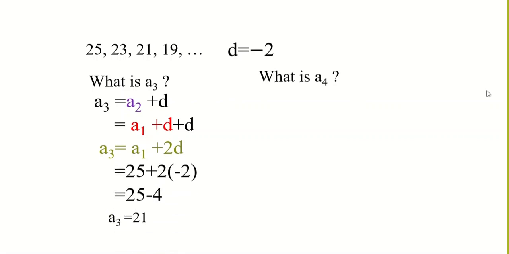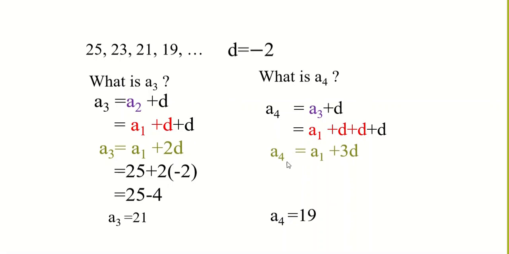Okay? We're going to solve for the a sub 4. We know that the a sub 4 here is 19. That came from your third term plus the common difference. So that's 21 plus negative 2. But if you work things out, the pattern observed here is a sub 3 is a sub 1 plus 2d.